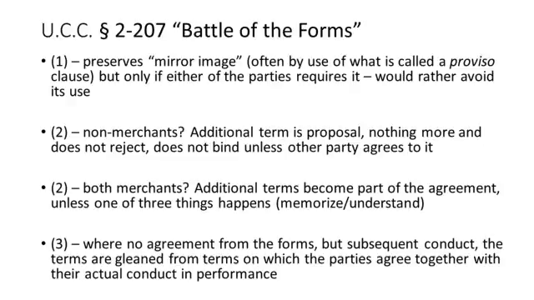There's a third subsection I want to cover in class and not here, and that's where the parties don't really have an agreement on the two different forms that they use. I send my purchase order, you send your sales order, I send an amended purchase order, you send an amended sales order, and we have all these documents going back and forth. What if we actually do not have an appropriate agreement? And yet, I've already shipped the goods to you.